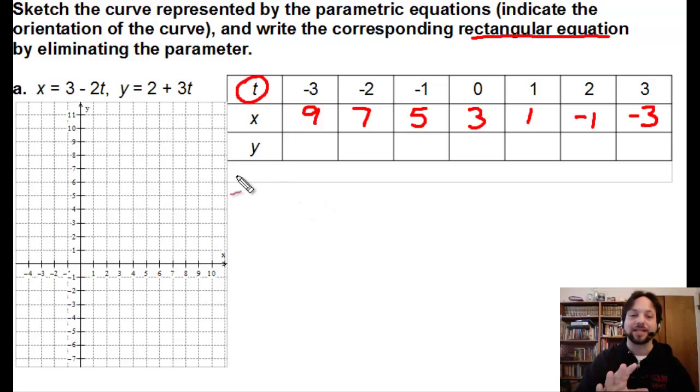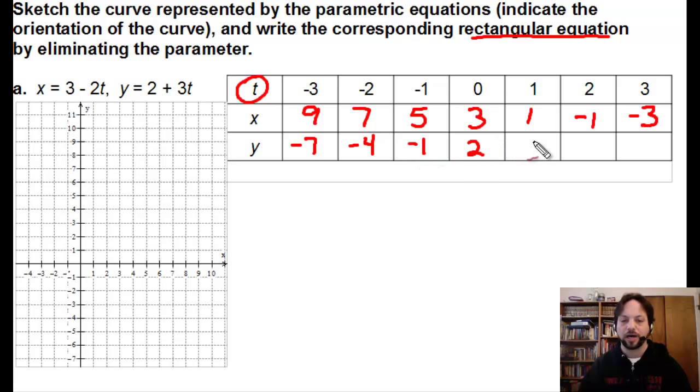Now, we can't plot the x-coordinate. We need a y-coordinate to match up with it. And so our y-coordinates are going to look like this. It's actually going to start at -7, and we'll go up by 3 for each time interval. So let me just go ahead and fill this in, and hopefully you didn't have too much difficulty simply filling in a table of values.